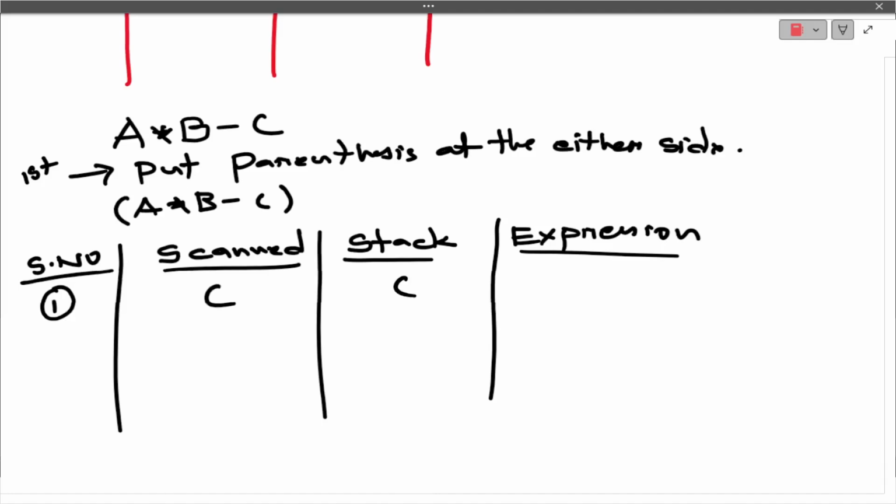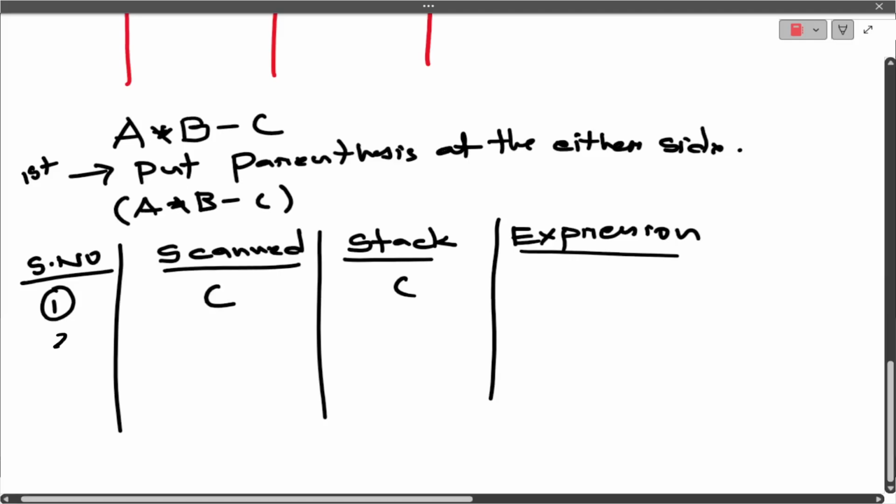Now expression, as I told, it will be forming this particular expression, but at first it will not be taking operators at first, but there will be a time where my operators will be taken to my expression. Okay, just follow. Now serial number 2, what do we have?